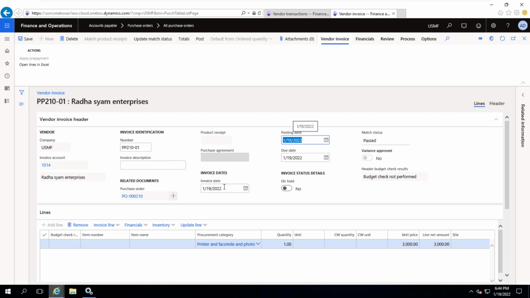The total advance payment amount is 3000. This is our internal document only. The vendor has not given any document. We are generating it for our internal accounts department.